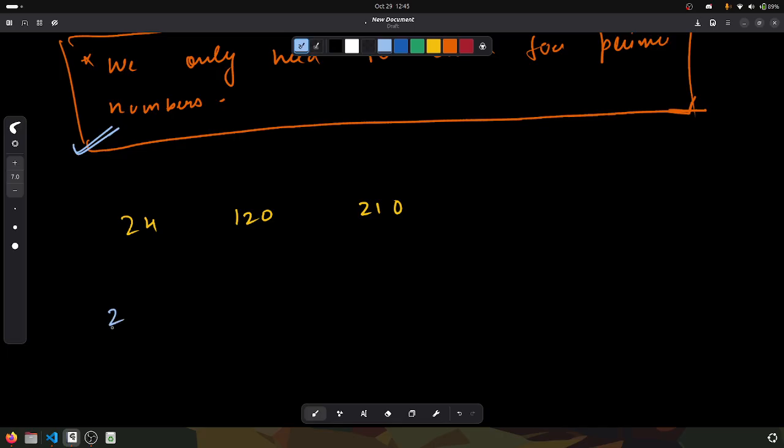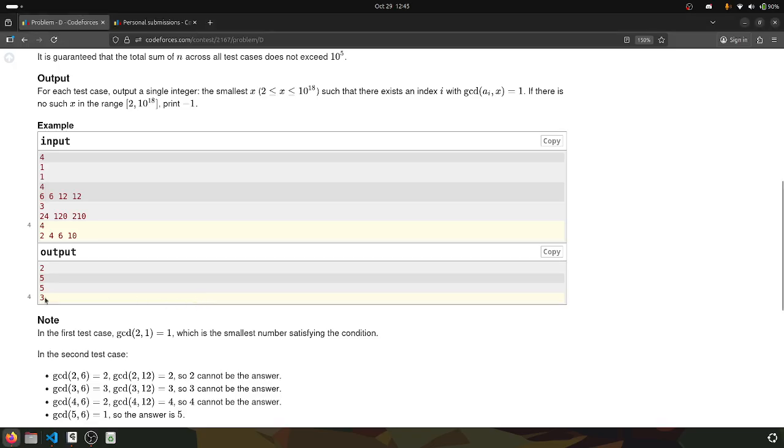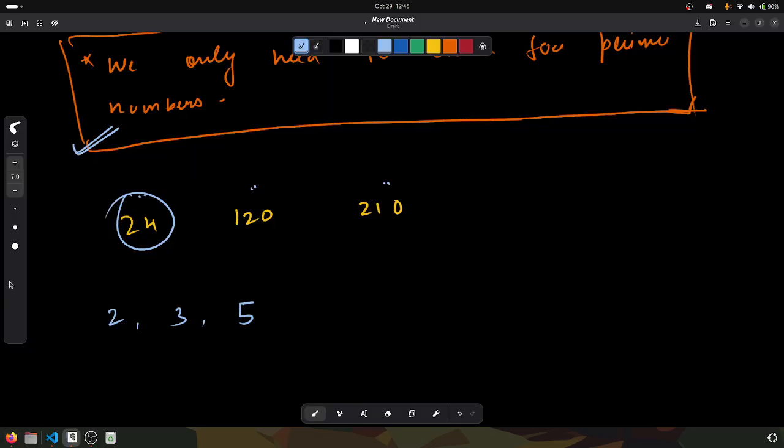Let's start by checking with 2. Obviously all of these numbers have 2 as a factor, so the answer is not 2. Then let's check 3. Again 3 is also a factor of all of these numbers. Let's check for 5. 5 is not a factor of 24, so GCD of 24 and 5 will be 1. So 5 is the answer.